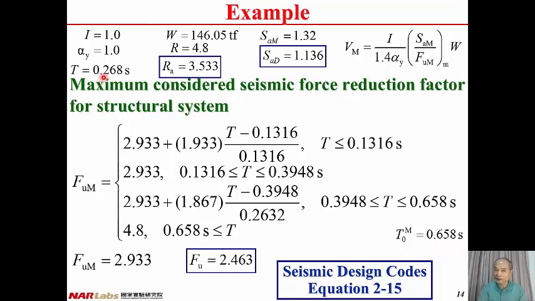And the structural vibration period here falls into the range between 0.1316 to 0.3948 seconds. Therefore, FUM is a constant equal to 2.933. FUM, the maximum considered seismic force reduction factor, equals 2.933. And from previous lecture, we have FU, the design basis seismic force reduction factor for structural system, FU equals 2.463. And in this case, FUM is larger than FU.